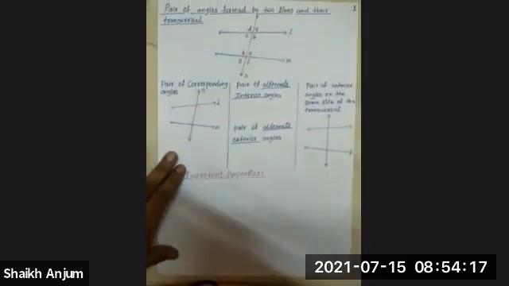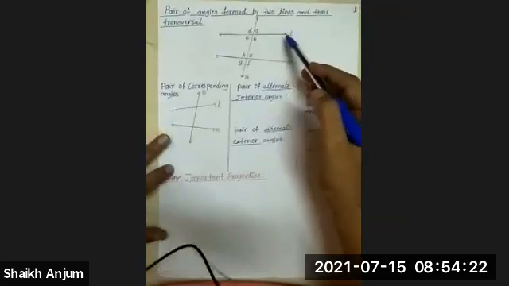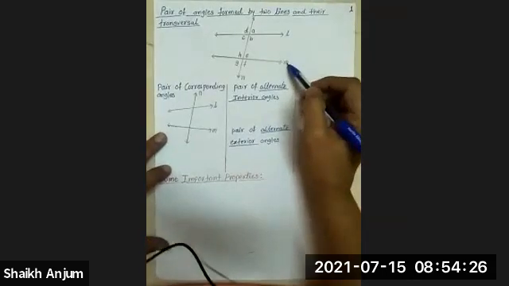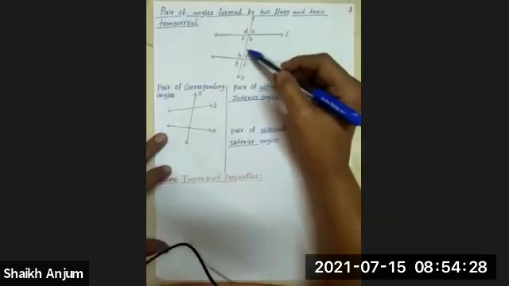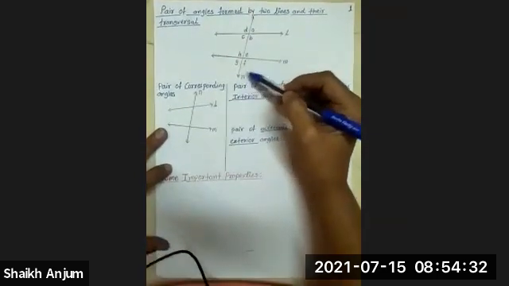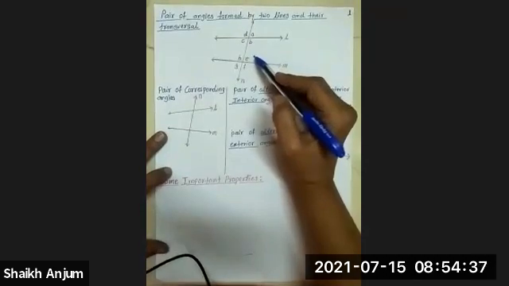I will show you another page here now. Now here you can see I drew two parallel lines, the line L and line M. And this line N is a transversal. Okay, now because of this transversal, 8 angles are formed.